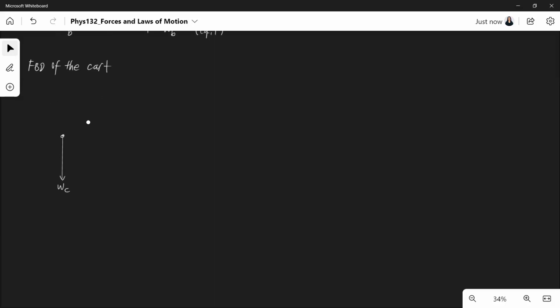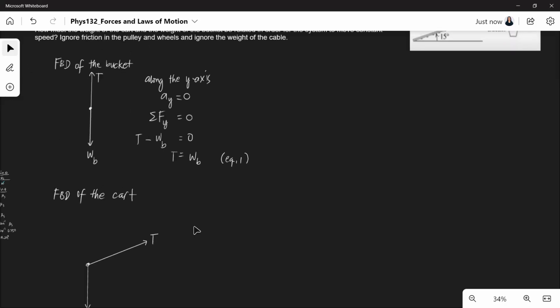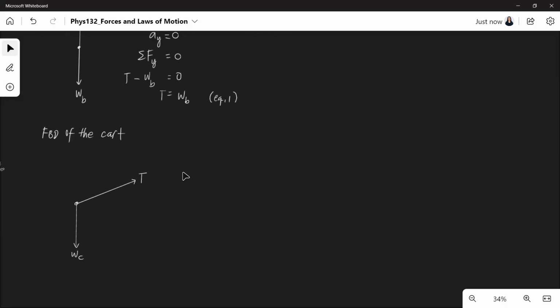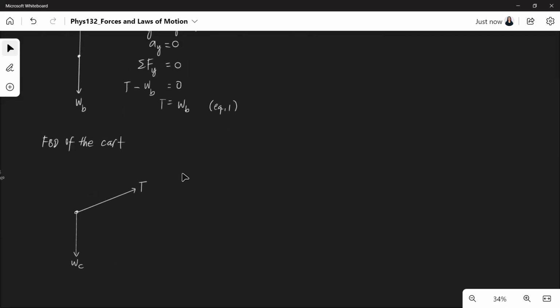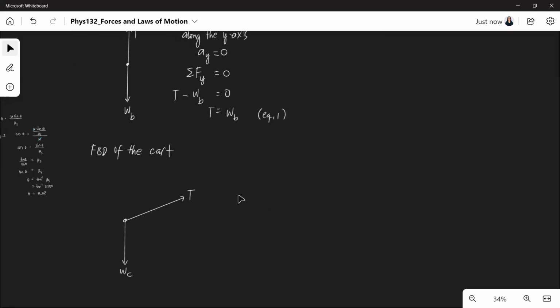It's always directed downward, and then since the cart is connected to the cable, there is a tension towards this direction in the first quadrant. This is the same tension as in the free body diagram of the bucket because we are assuming that the system is frictionless. So the tension is uniform throughout the system.